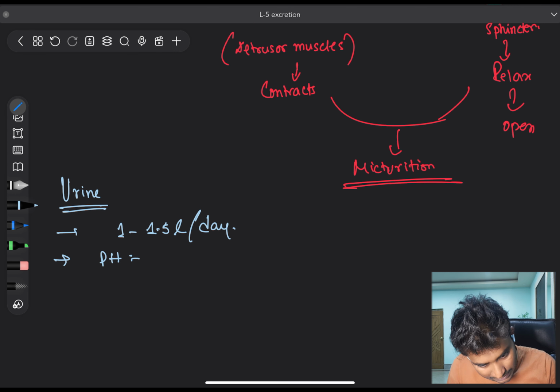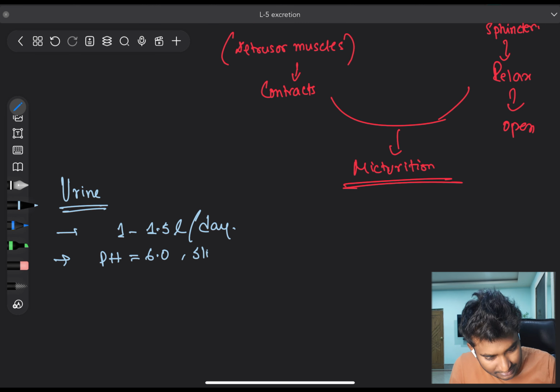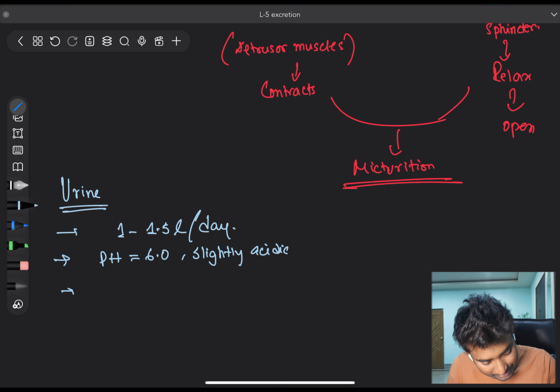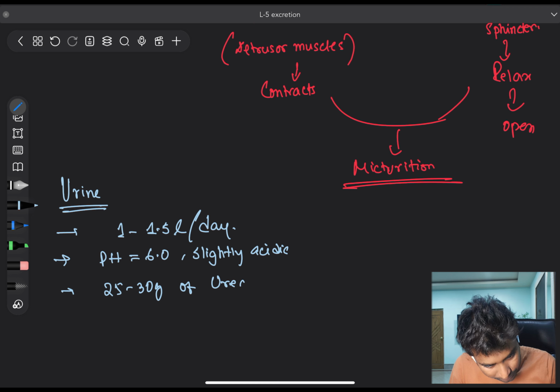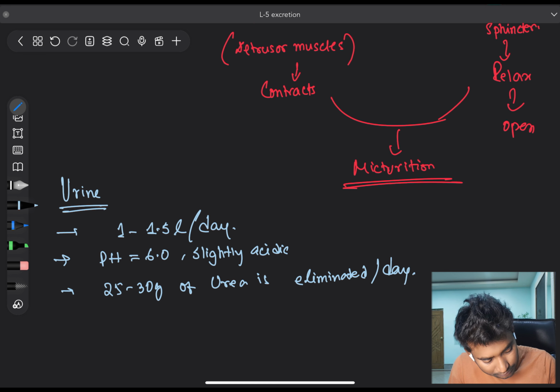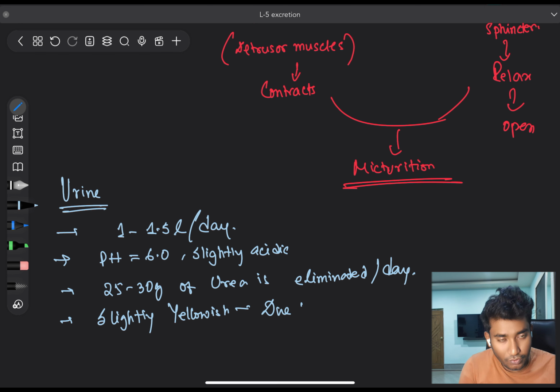The pH of our normal urine is 6, slightly acidic. 25 to 30 grams of urea is eliminated per day. The fourth one is that it is slightly yellowish in color due to the presence of urochrome.